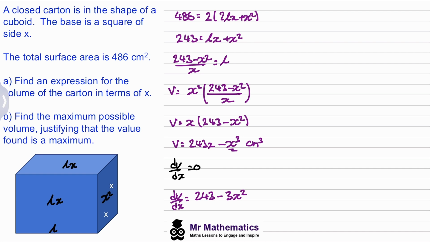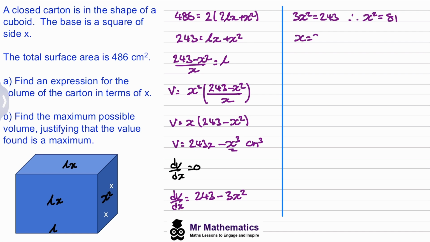Then we can set dV by dx equal to 0 and move this negative 3x squared to the left-hand side. We'll divide both sides by 3, so x squared will equal 81. So x will equal 9. Then we'll substitute this length into the equation for the volume, and this will give us a maximum volume of 1,458 centimeters cubed.